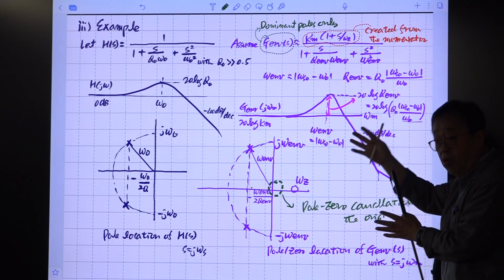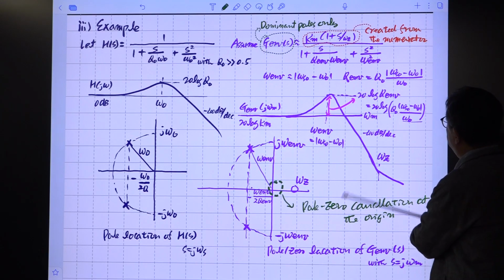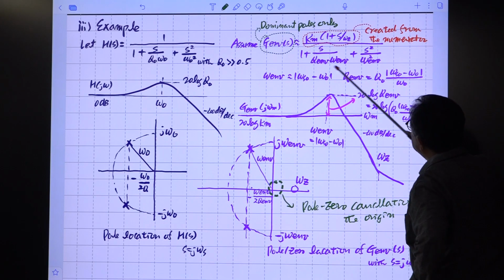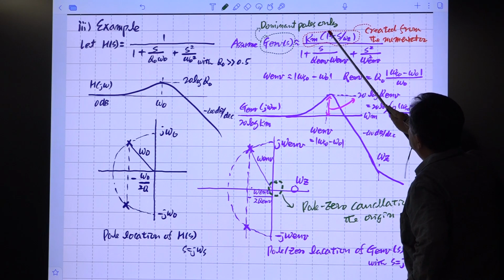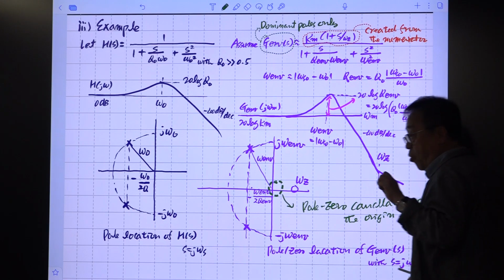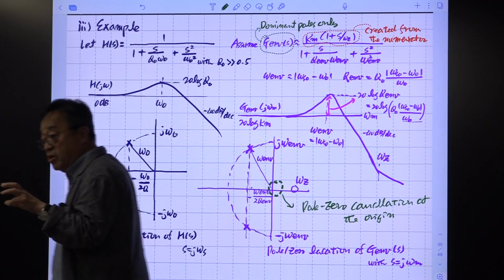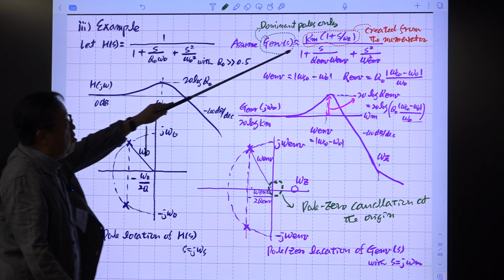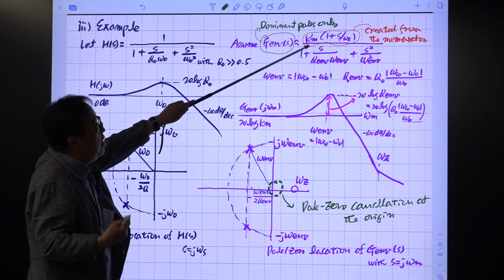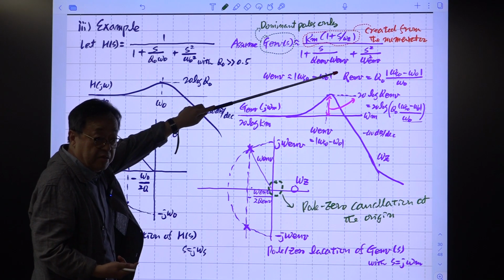The smallest ones are called the dominant poles, and from the dominant poles we derive this, okay, and we assume this Km and this additional pole originate from the numerator. We only considered the denominator, okay. We didn't mention anything about this numerator. That will come later, okay.